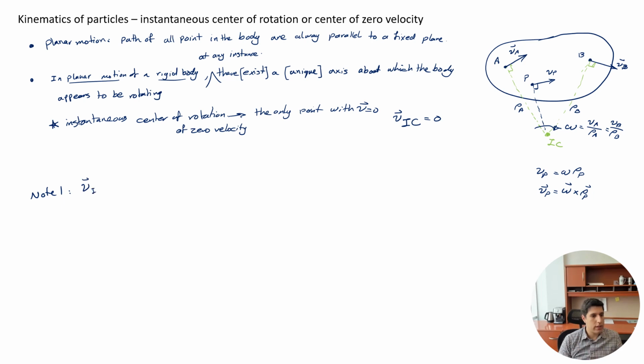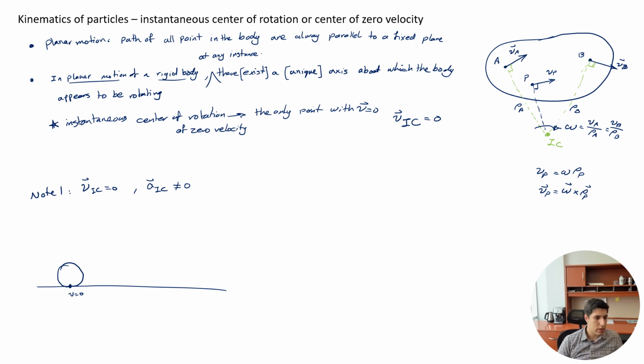V of IC is 0, but acceleration of IC is usually not 0, in most cases. A good example is a wheel. I have the wheel. At the contact point, V is 0, and that is the center of rotation.